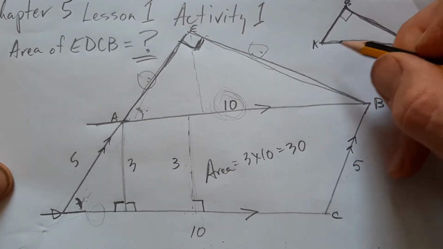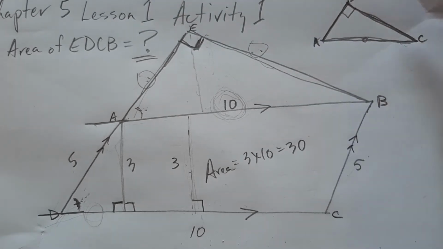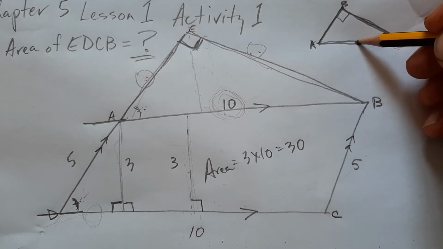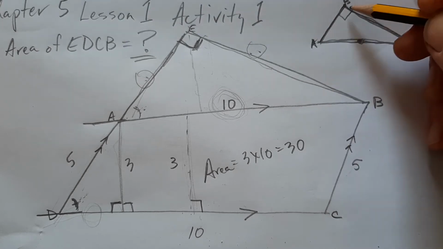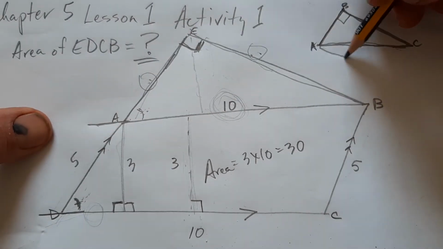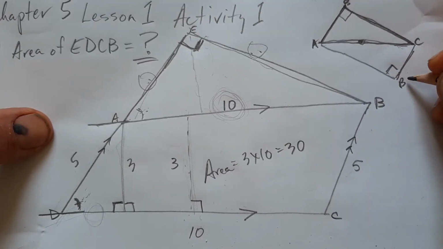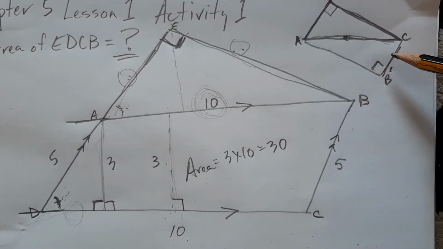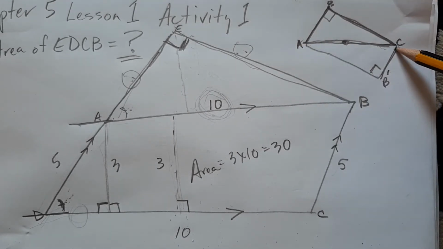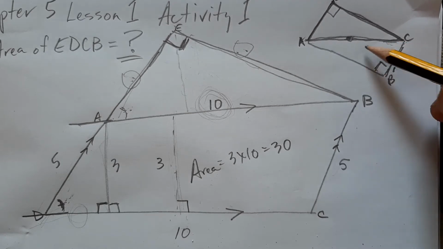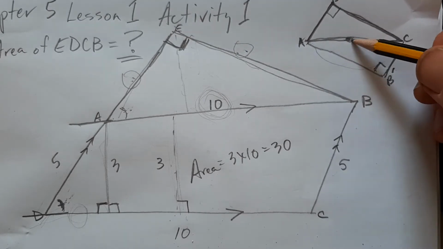But if I take the center of this hypotenuse, AC, and I rotate ABC 180 degrees, then I wind up with this here, let's call this B prime. A prime would be matched on top of C, and C would spin around, then there'd be a C prime over here. Do you see I've got a rotation?